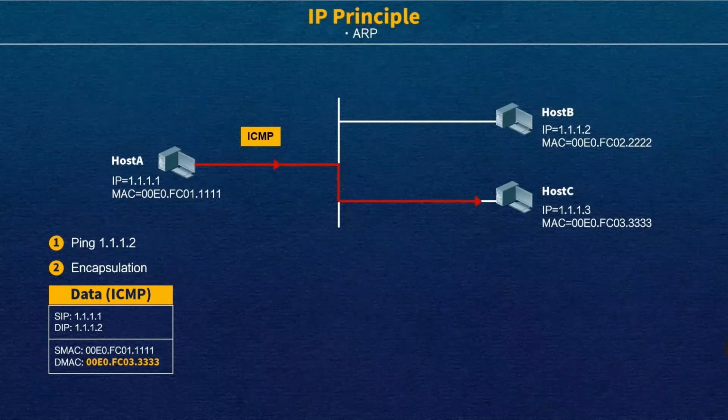We see that host C has two processes. The first one, we add the IP address and the MAC address of host A into the ARP table, right? Because next time, I can directly use this information to do the encapsulation and send to host A. The second step, I will give the reply to tell host A what the MAC address of myself is.